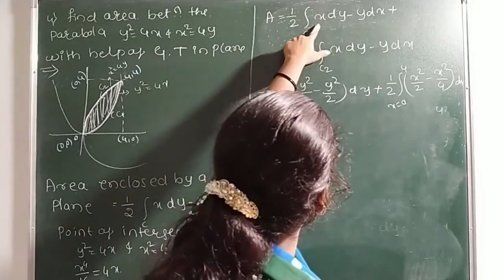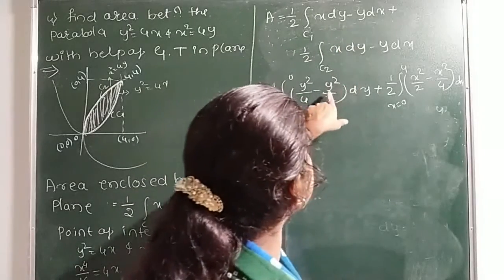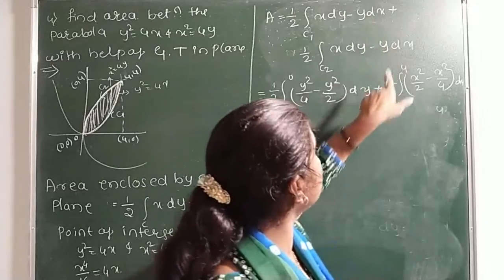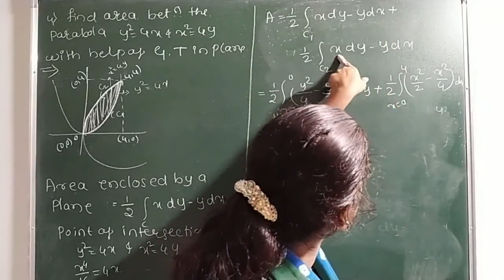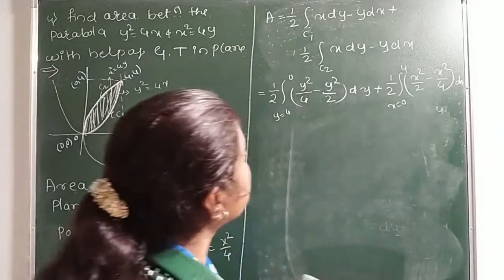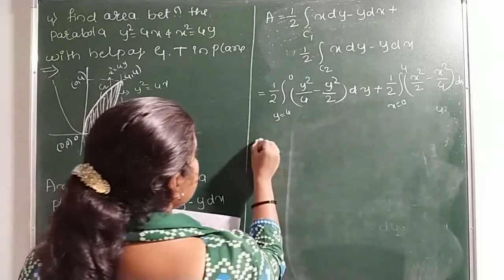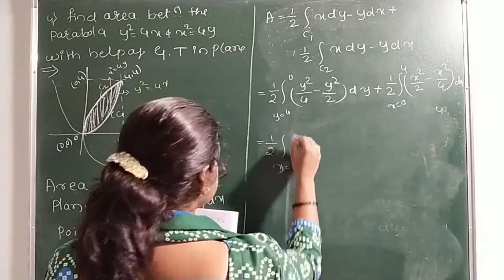Here x you have to replace in terms of y, and dx you have to convert in terms of dy, and for the second curve you have to convert y in terms of x and dy in terms of dx. Now you have to simplify this term, with y going from 0 to 4.